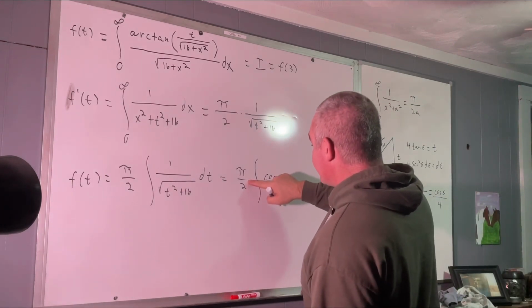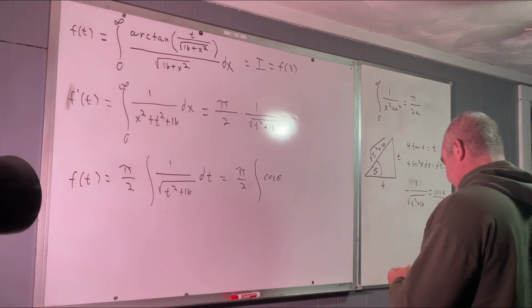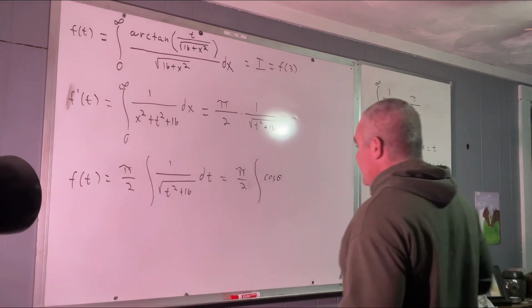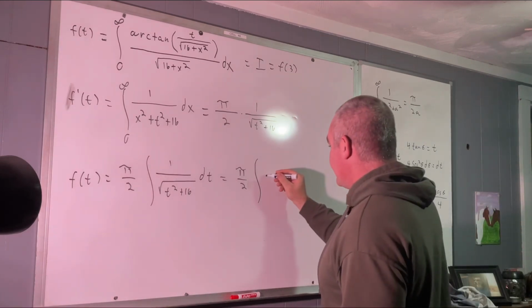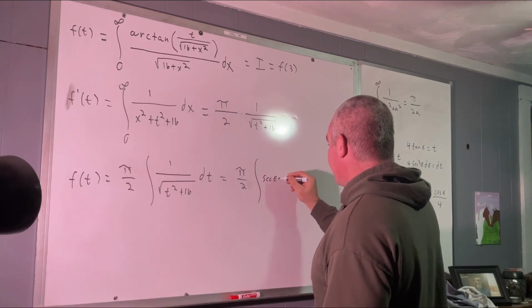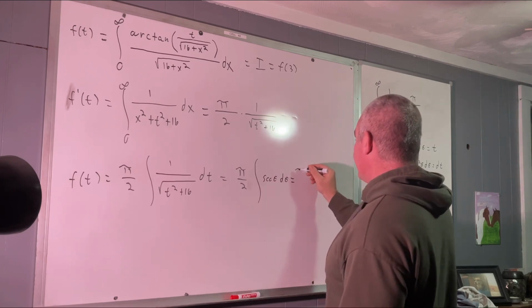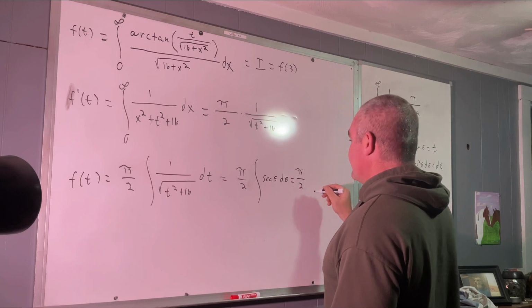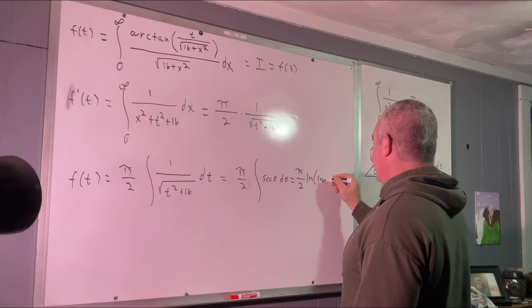That 4 will cancel with this 4. Secant squared theta, one of those secants will cancel with that cosine to just give us secant theta d theta. So that's going to be equal to pi over 2 times the natural log of secant theta plus tangent theta.